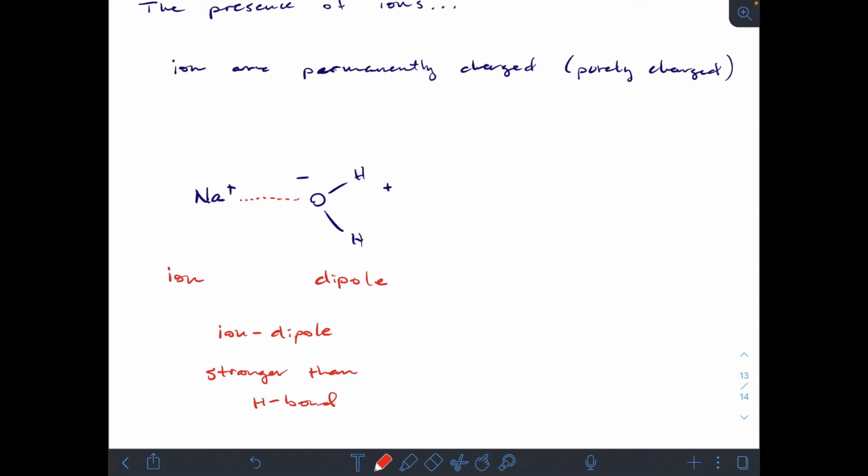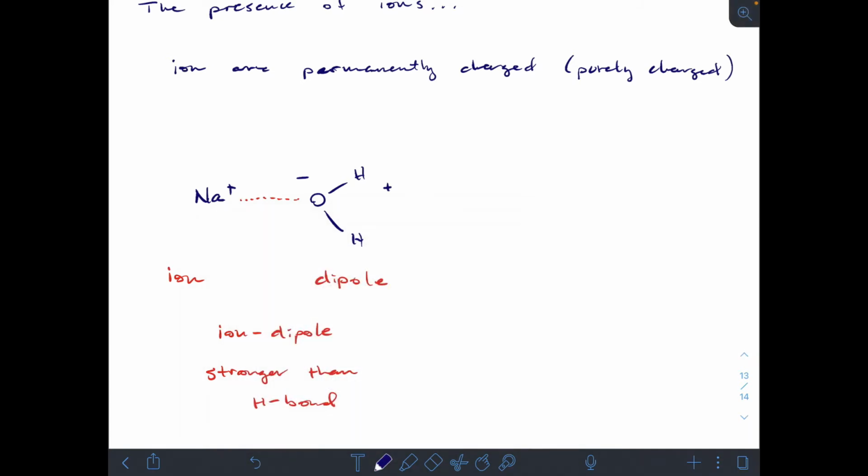Okay, when we have a permanently polar molecule attracted to a permanently charged ion, the ion-dipole interaction is going to be stronger than hydrogen bonding. And we can have it with negatively charged ions too.